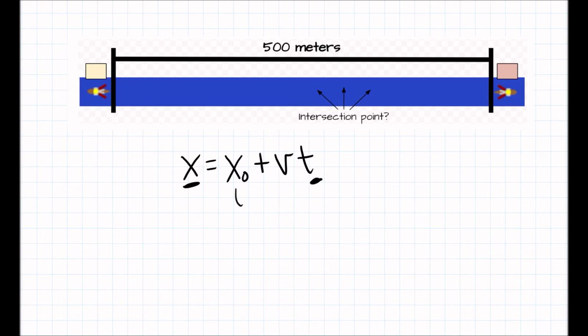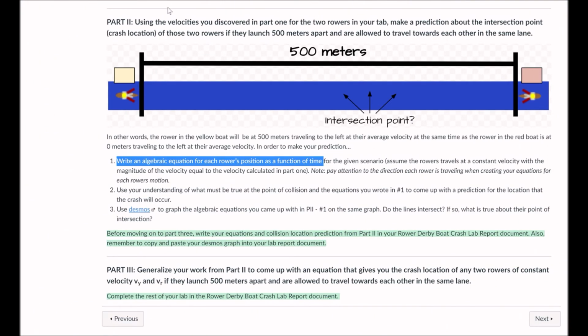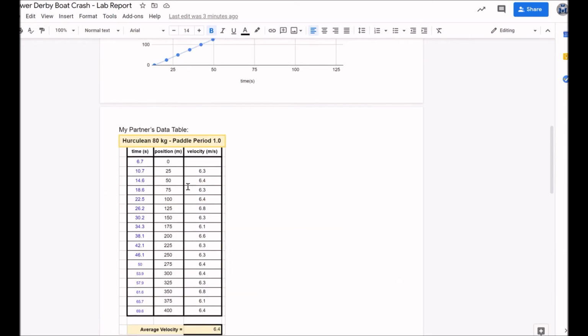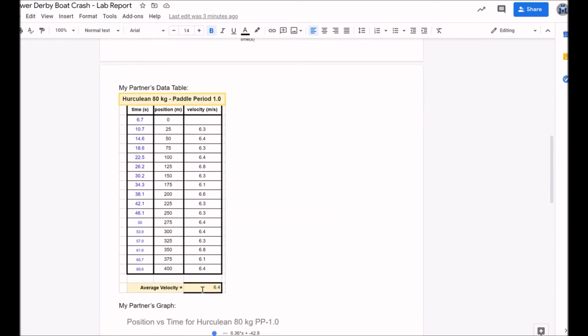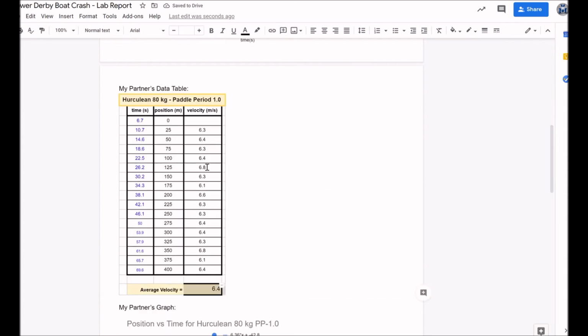The x naught is the initial position of the rower. This equation only works if you're traveling at a constant velocity, so that will be the constant velocity of the rower. From the data that I have copied and pasted into my lab report document, I can see that the average velocity of the yellow boat was 6.4, and the average velocity of the red boat was 3.5.